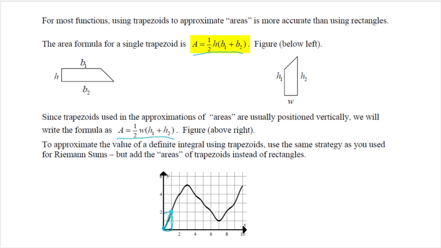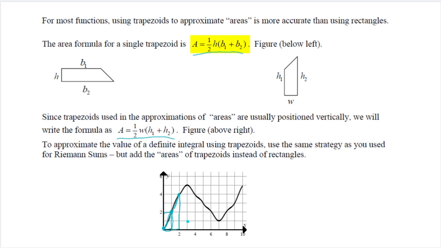Same thing from 1 to 2. If this was our 1, this would be our 2. We make our angled piece right here, and we could solve for the area underneath that function much more accurately than by simply using a rectangle.